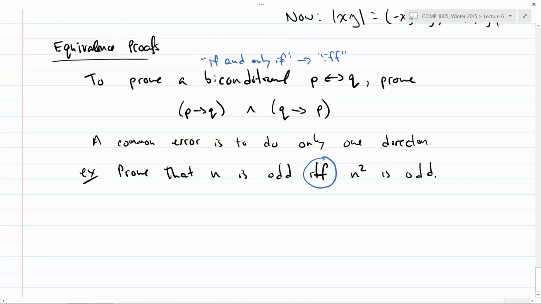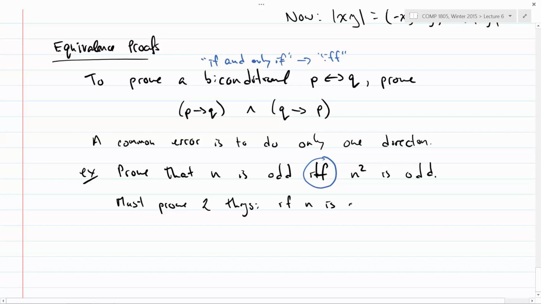You have to carefully read the question. So we have to prove two things. First, we have to prove if n is odd, then n squared is odd. And after we're finished that, we have to prove if n squared is odd, then n is odd. It goes in both directions. That's critical. So we must prove two things.